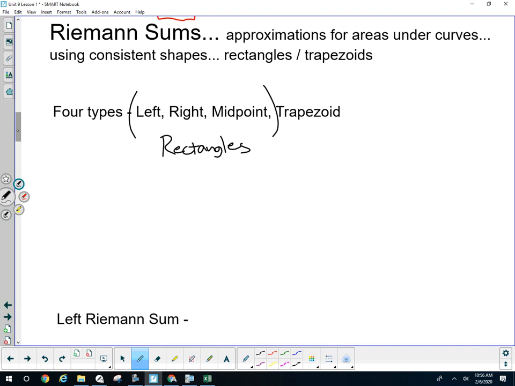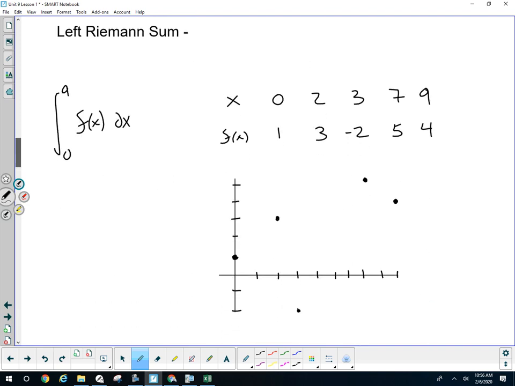Okay, so the first one is a left Riemann sum, and we are going to approximate the area under this function, which we don't know the shape of, but at least we know some points.